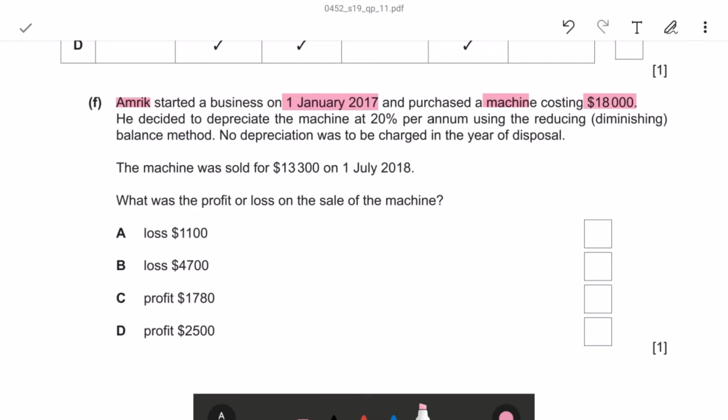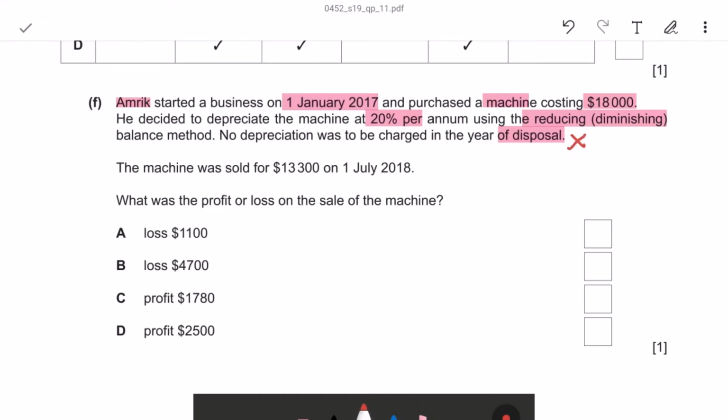He decided to depreciate the machine at 20% per annum using the reducing or diminishing balance method. Reducing balance method means we calculate the depreciation on net book value. So, no depreciation was to be charged in the year of disposal. When the machine is disposed of, there is no depreciation in that year.